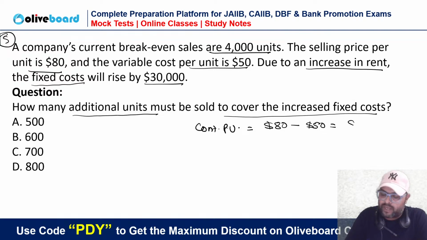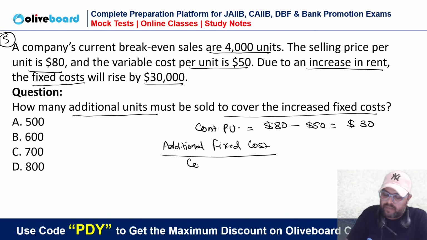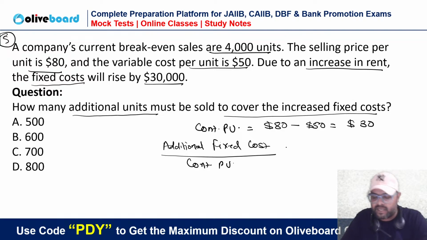So you are generating $30 as a contribution. Your additional fixed cost, if it is divided by the contribution per unit, you will identify the additional units simply. Your additional fixed cost is $30,000.